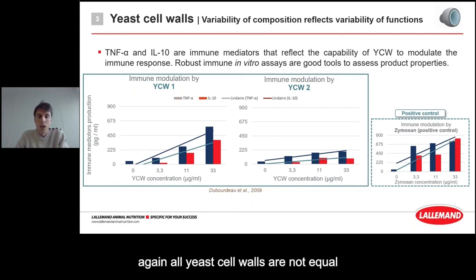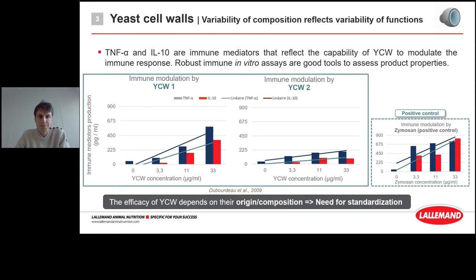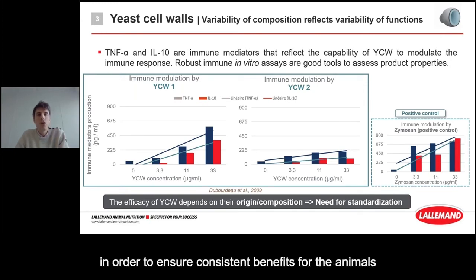Again, all yeast cell walls are not equal, and it's really important to pay attention to the composition and quality of the different products. And there is a strong need for standardization in order to ensure consistent benefits for the animals.